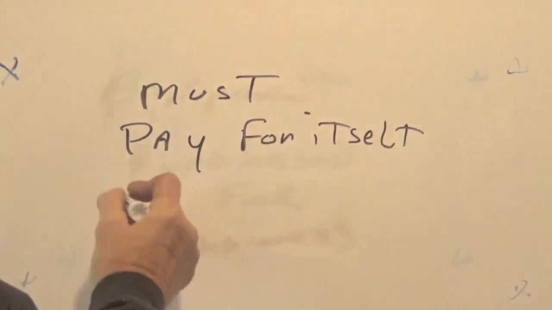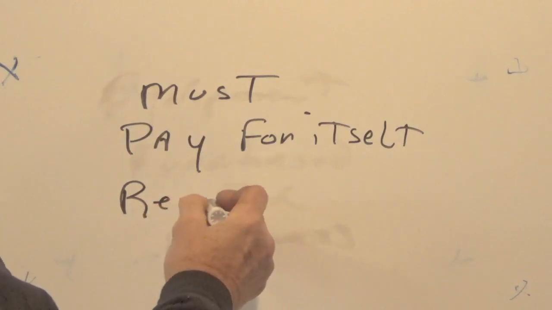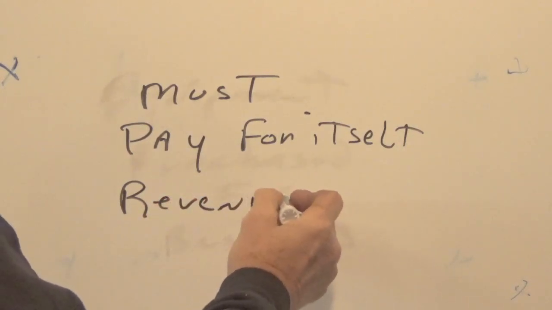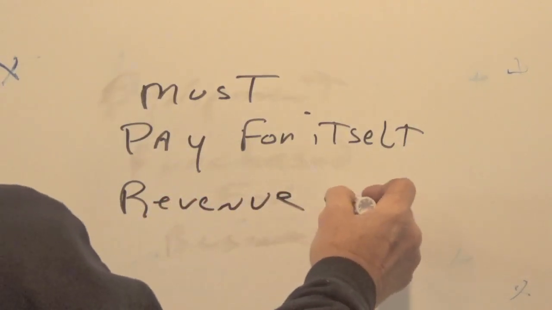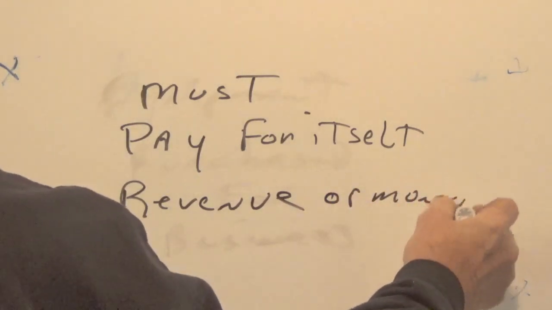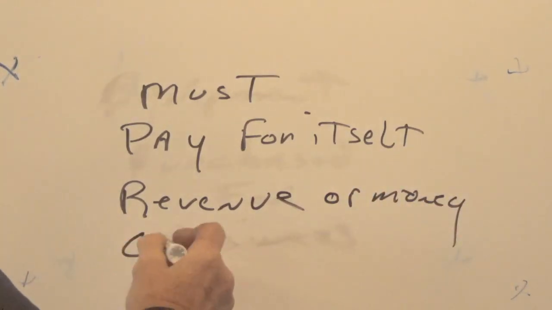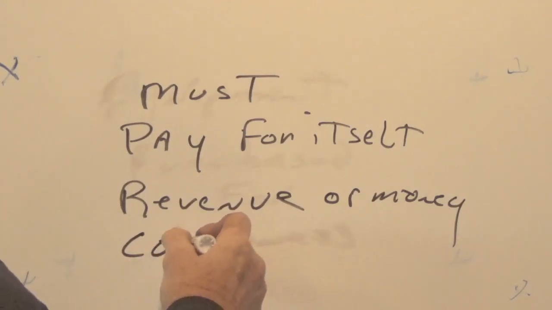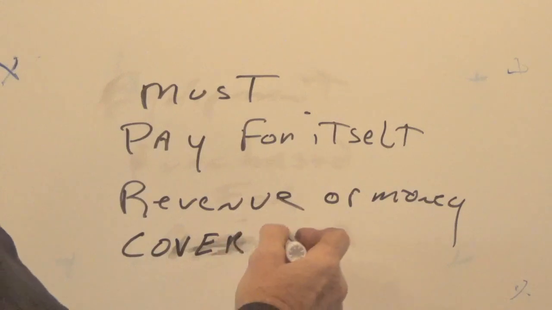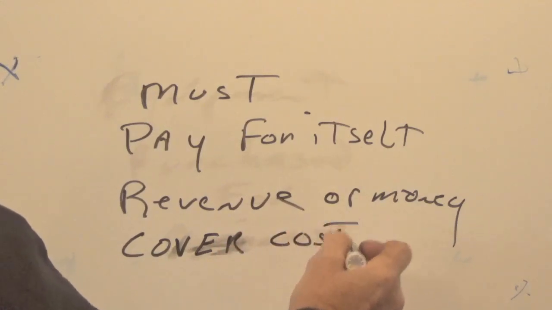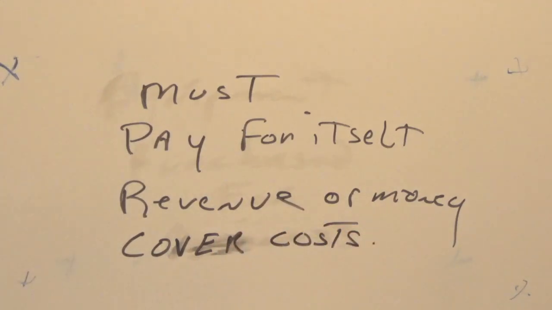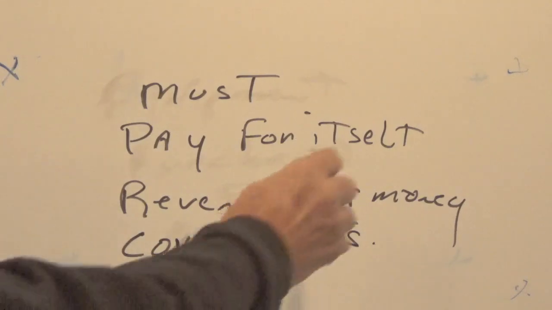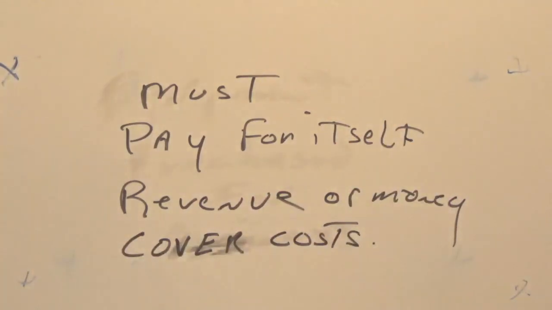It must bring in revenue or money, revenue, to cover the costs that are involved with that, okay? So it must pay for itself by bringing in money, known as revenue, to cover its costs.